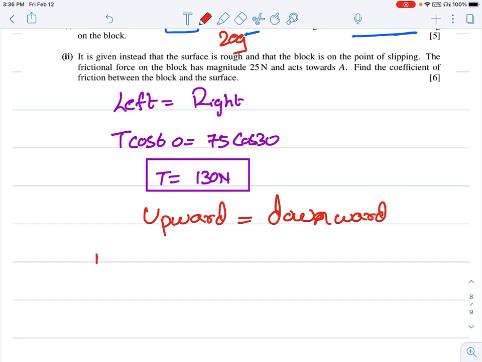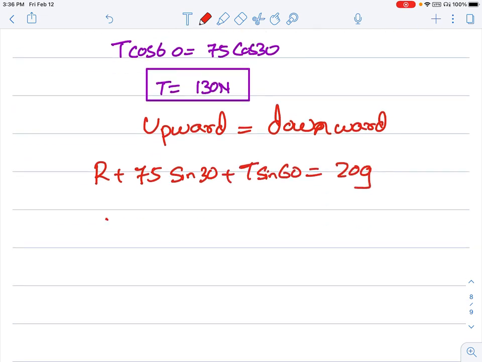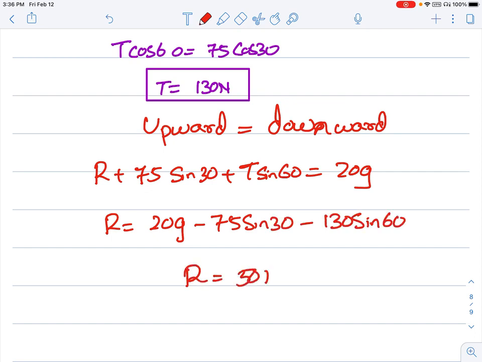So upward force is R and 75 sin 30 is upward force. T sin 60 is also upward force, whereas the downward force is just 20 G. So R should be equal to 20 G minus 75 sin 30 minus 130 sin 60. From there R is equal to 15 newtons.